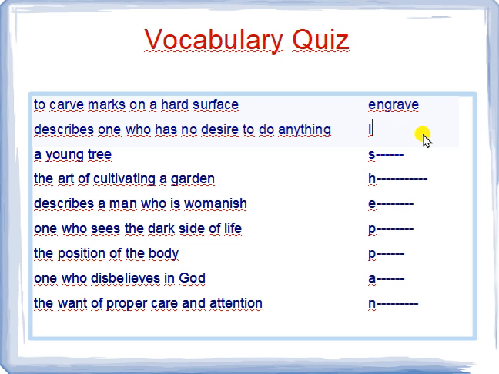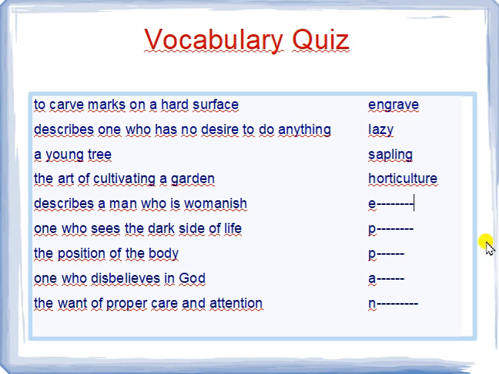Maybe they intended something else, but all I can think of is lazy. A young tree. A sapling. The art of cultivating a garden, starting with an H. Maybe you don't know the word. Horticulture.